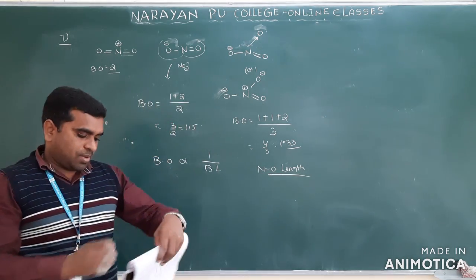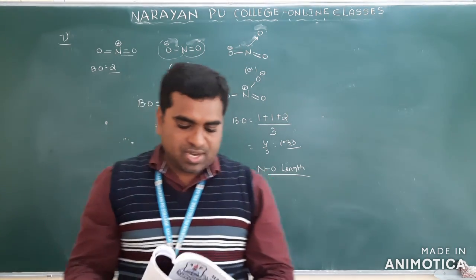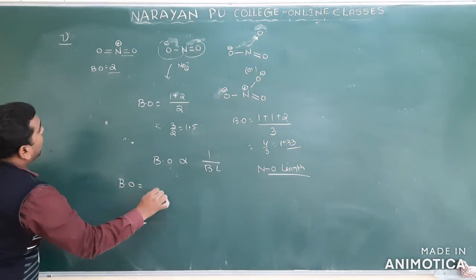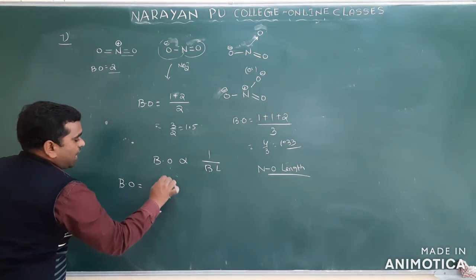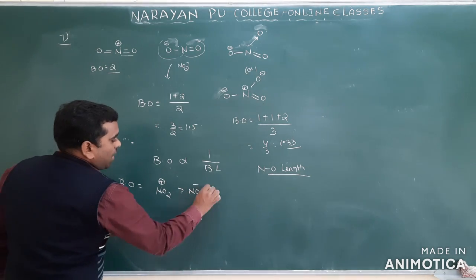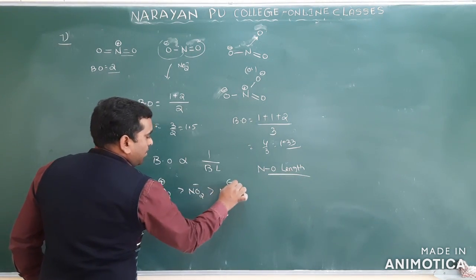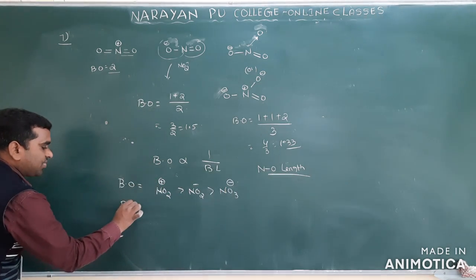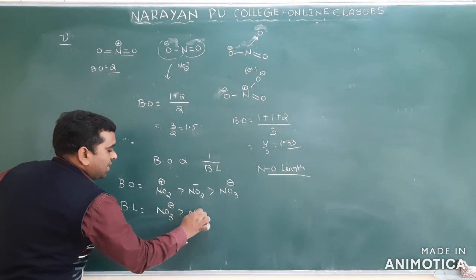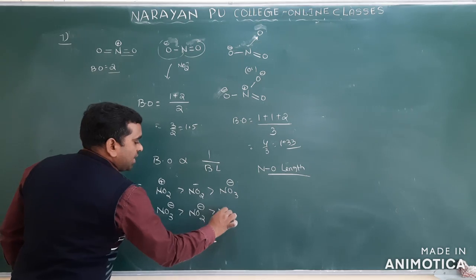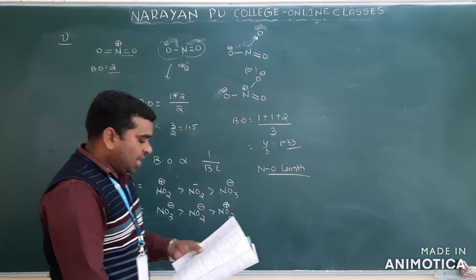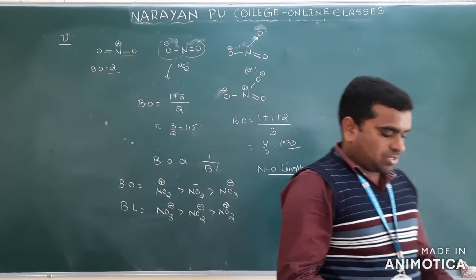The bond order is NO2 plus greater than NO2 minus greater than NO3 minus. Bond length is the reverse: NO3 minus is greater than NO2 minus, which is greater than NO2 plus. So option 2 is the correct one.